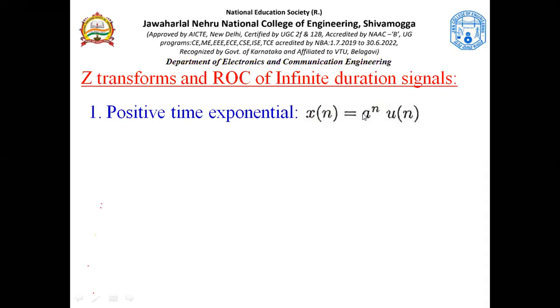This is a real exponential signal. And u of n, what does this mean? u of n means this a to the power n exists from 0 to infinity. So since u of n is another function of n, we can say that.